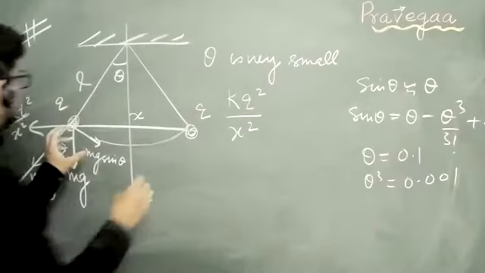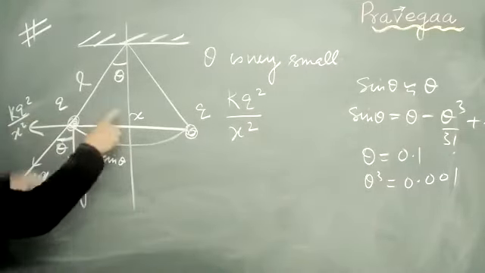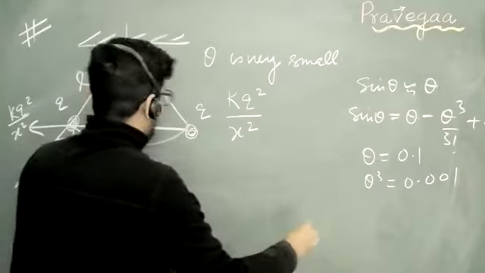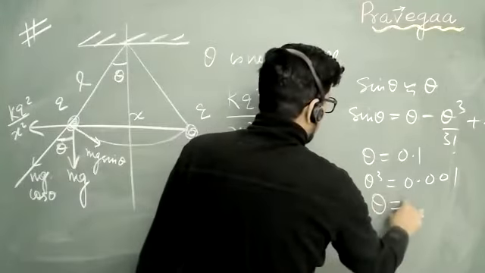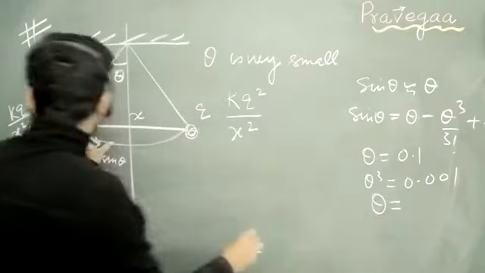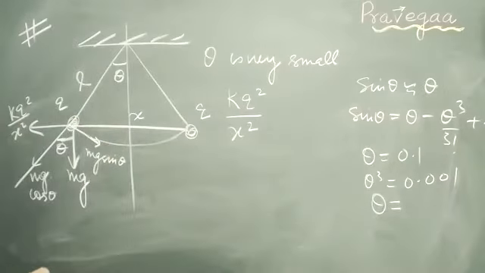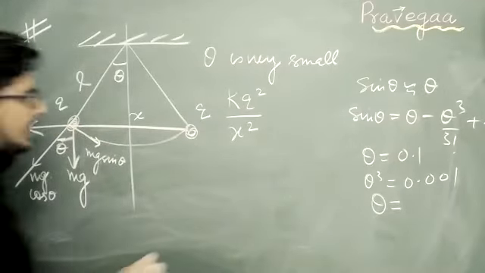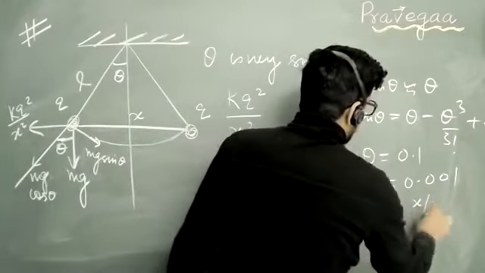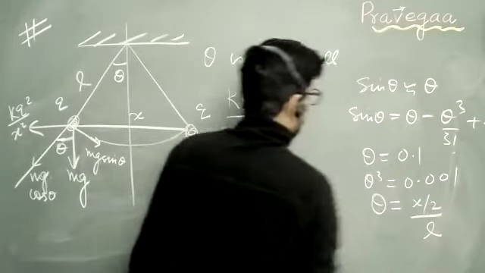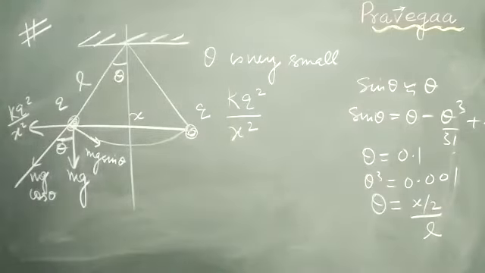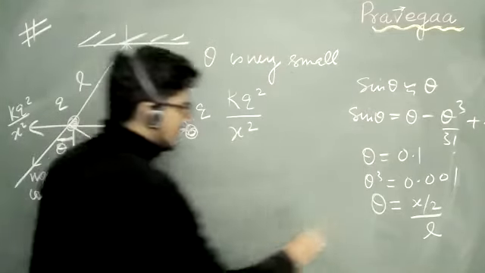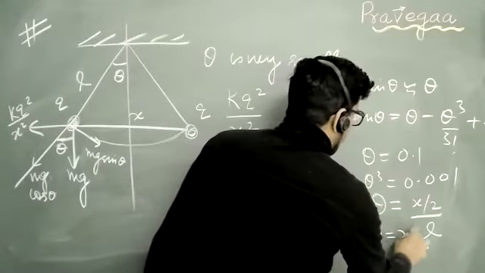And also I will write angle is equal to arc upon radius. And this arc I will take almost equal to this straight line. So this will be equal to x by 2 by L. You will have to live with these approximations because there is no other way right now. So theta will be equal to x by 2L.